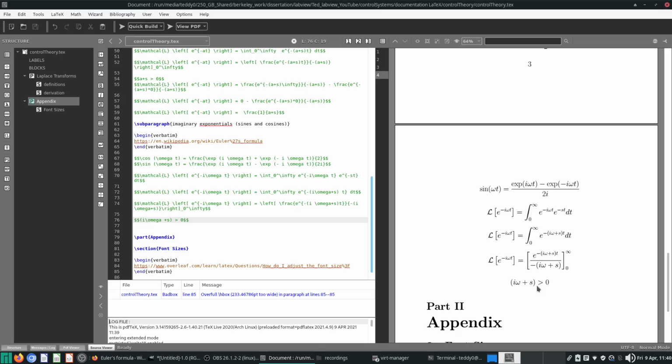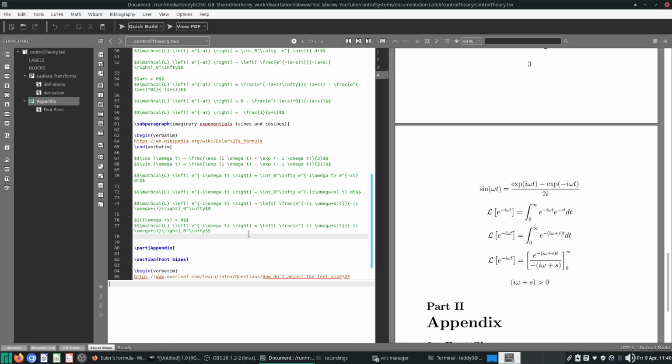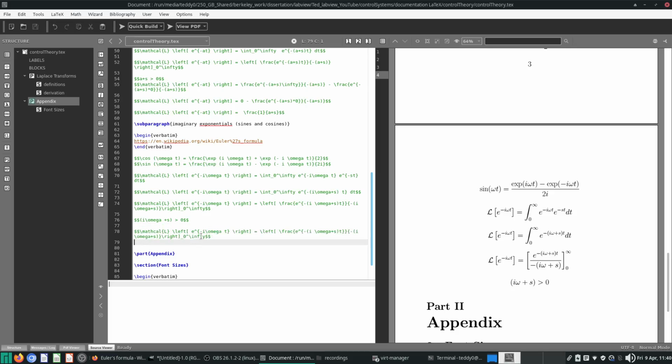So you don't want your Laplace transform to just go to infinity. We assume this condition, and then we'll just put this standard Laplace transform. Not to worry, nothing too complex, if you catch my drift.